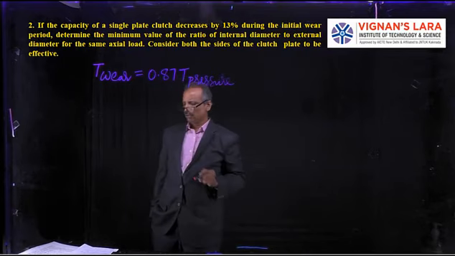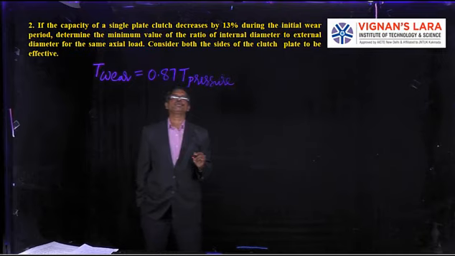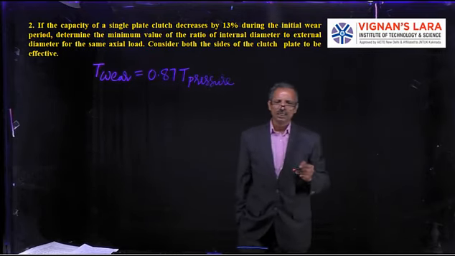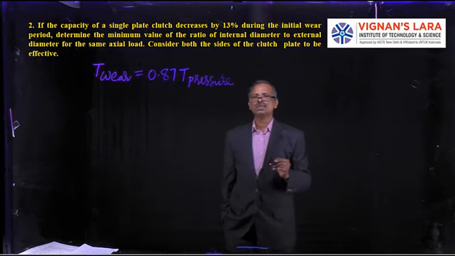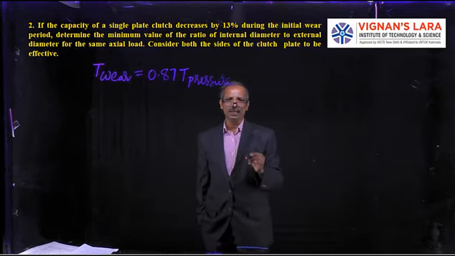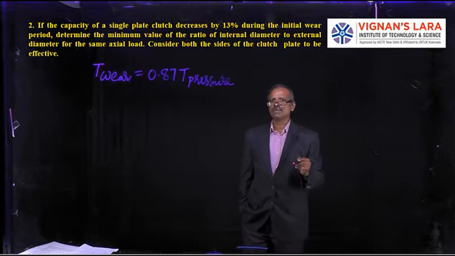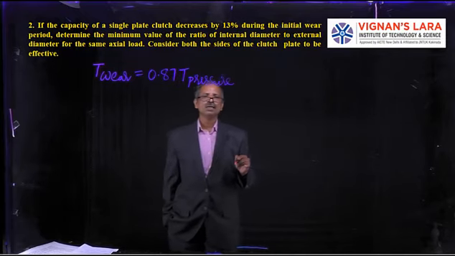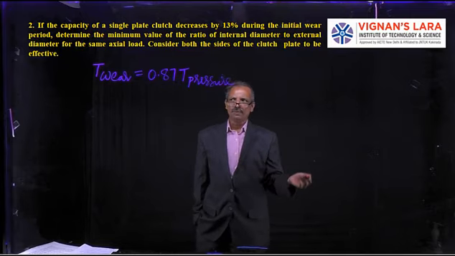So T wear is equal to 0.87 T pressure. This is the concept behind it: initially it delivers more power, but subsequently wear and tear causes some amount of power loss. As mentioned, 13% is lost during usage because of the wear.